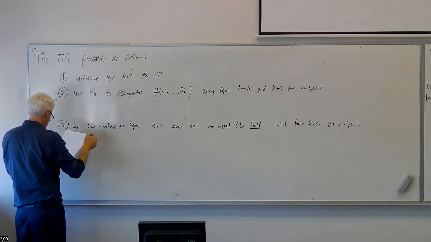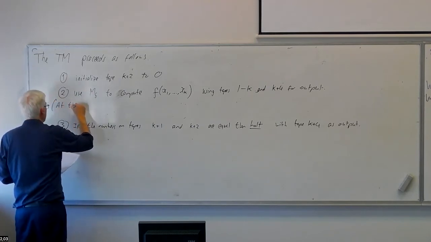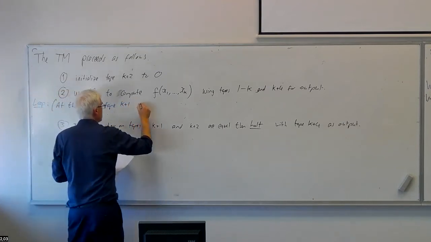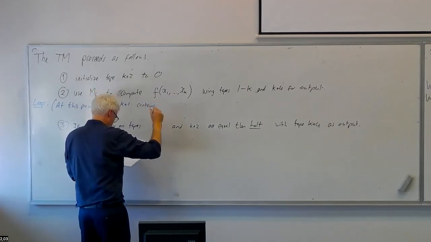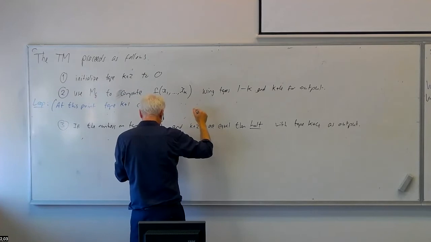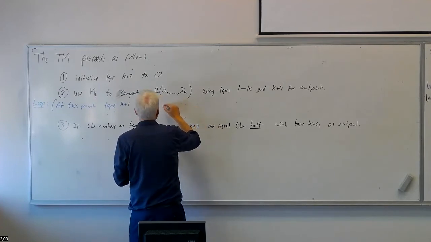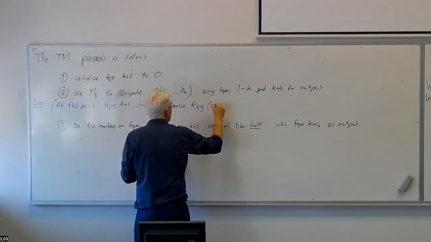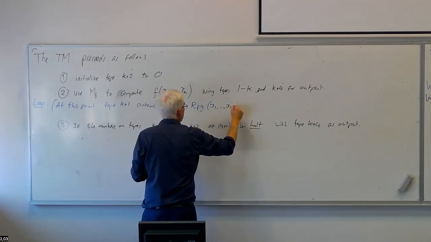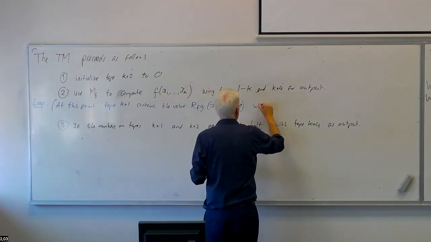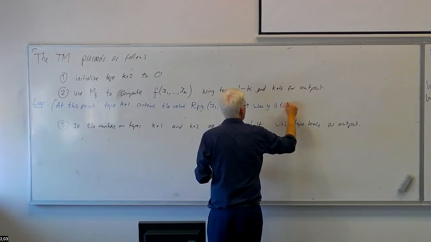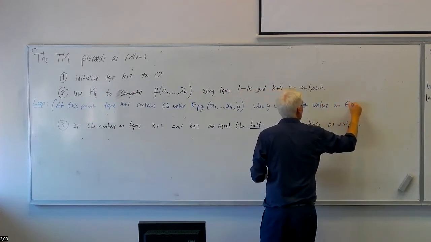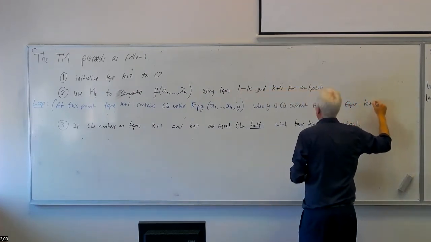So at this point of the algorithm, tape k plus 4 contains the value RFG applied to x1 through to xk and y, where y is the current value on k plus 2, the value we counted up to.